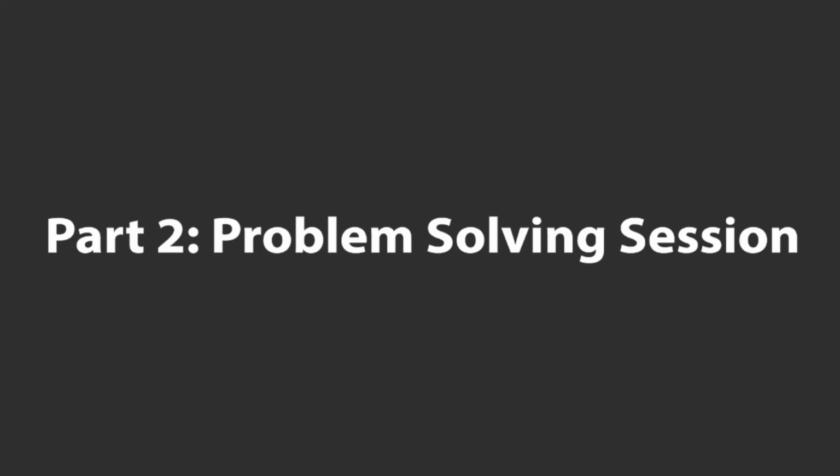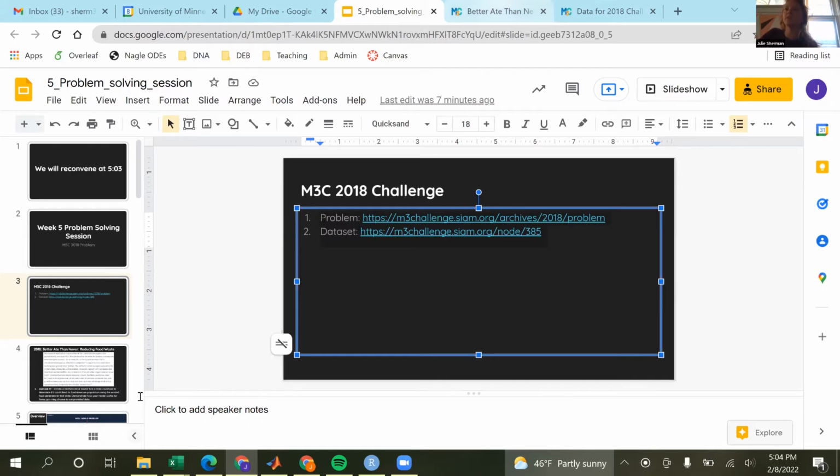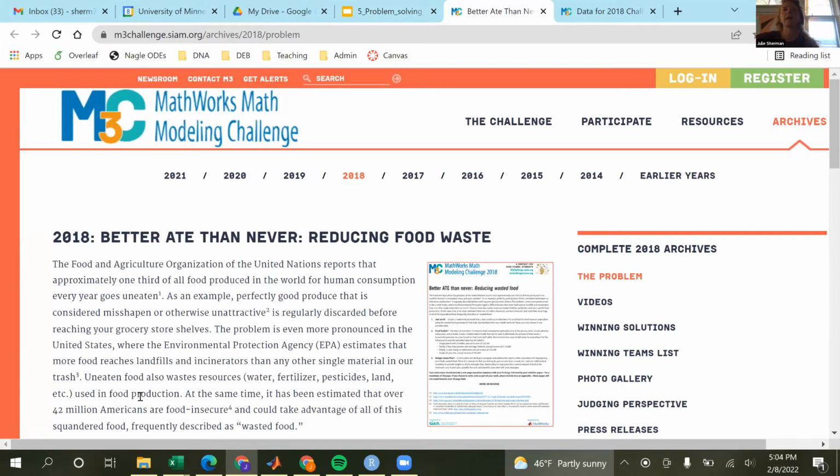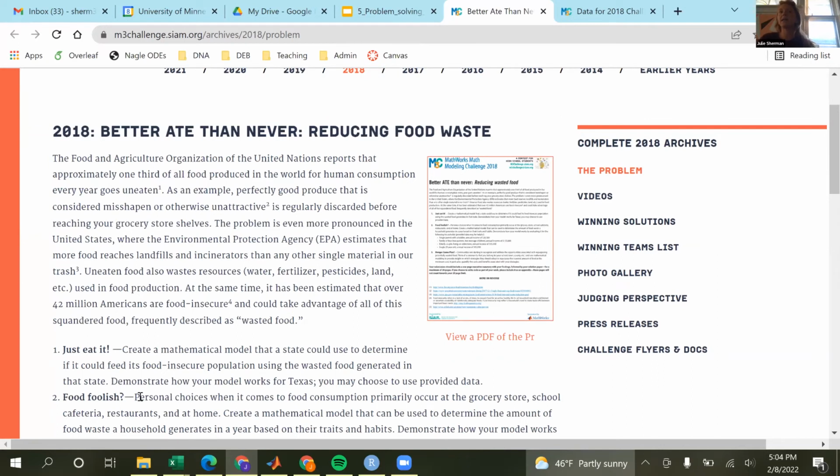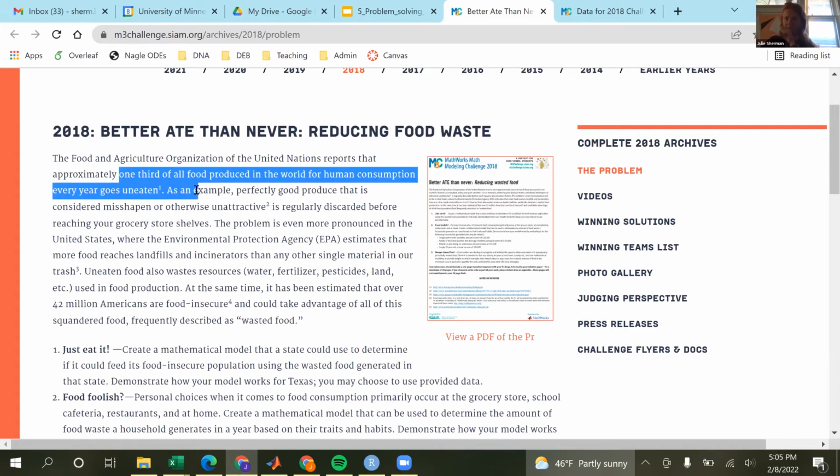So this is the problem that we're going to be looking at. If you click on that first link, we can read the problem description. I'll just go through it really quickly. The idea is that the Food and Agriculture Organization of the UN notices that approximately 1/3 of all food produced in the world for human consumption goes uneaten.